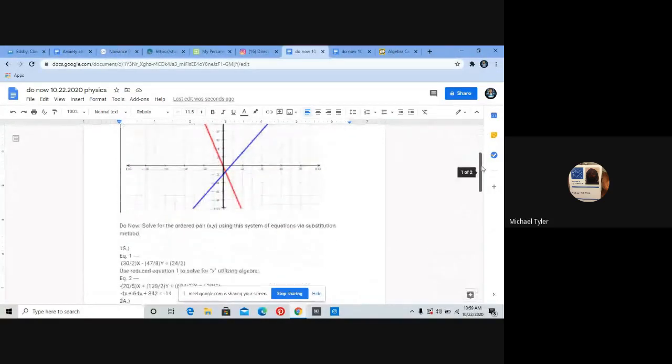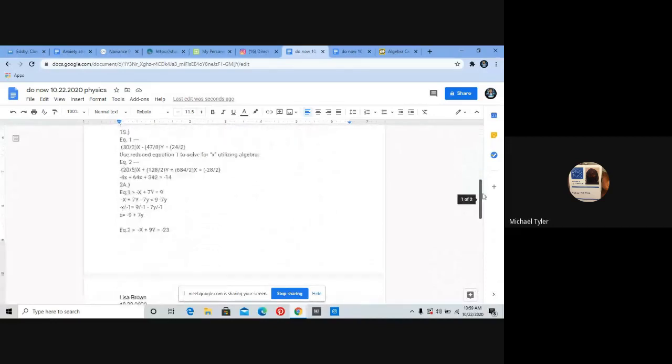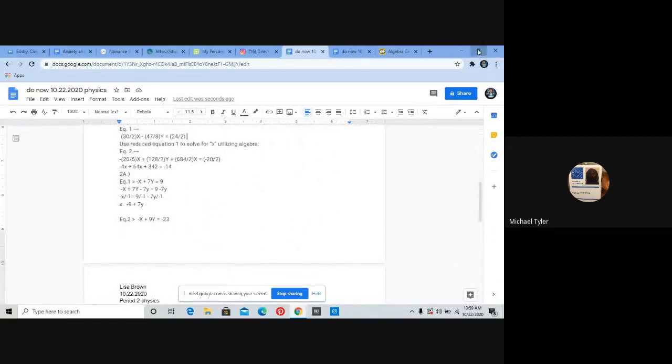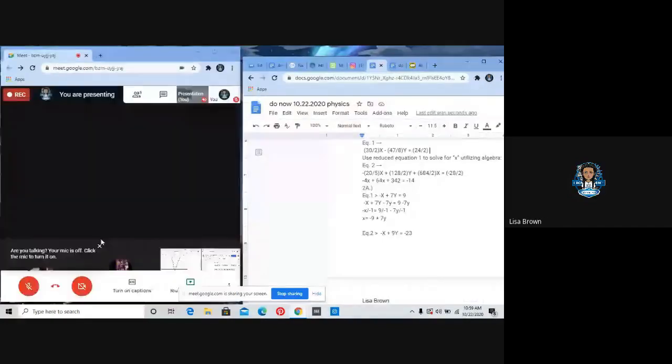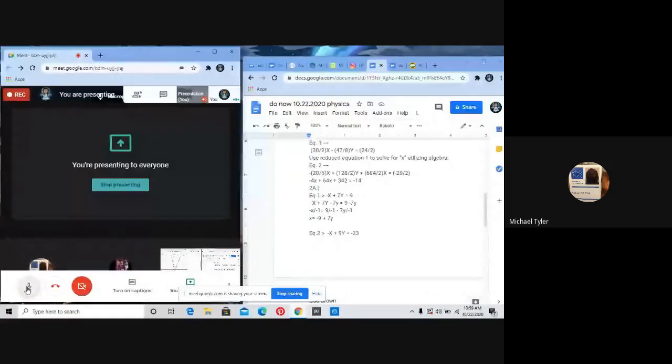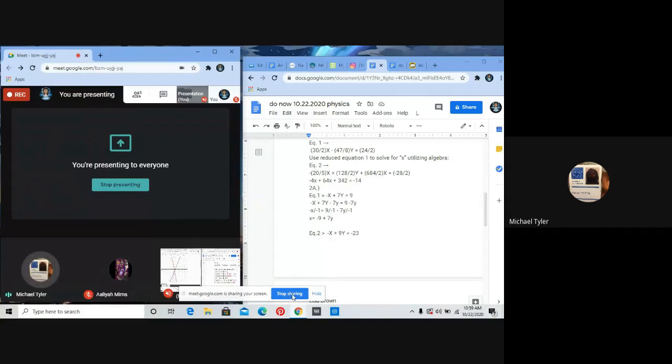That's pretty good. You found a way to put it in there, Lisa. What did you do, a print screen? That's pretty cool. Yeah, you did a good job on that. And you got your steps typed out. So you just got to finish 2A and 3A and turn it in by 8 tonight. Pretty good. At least the next period will pretty much be different problems, so be expecting that.